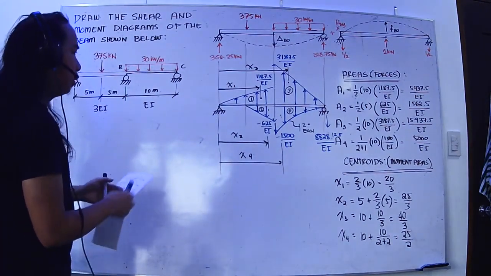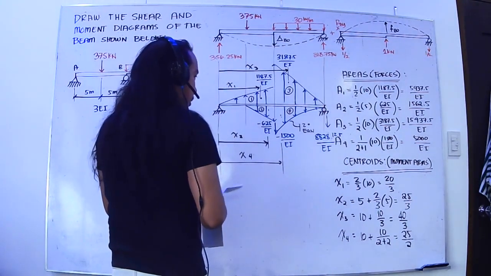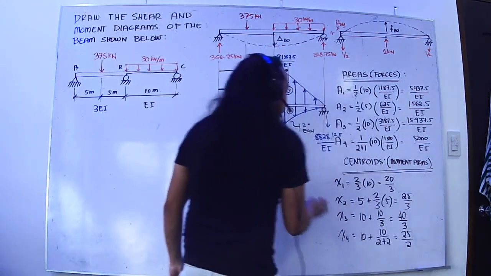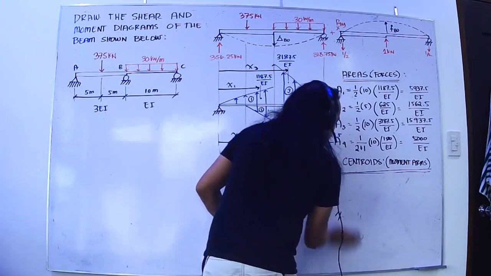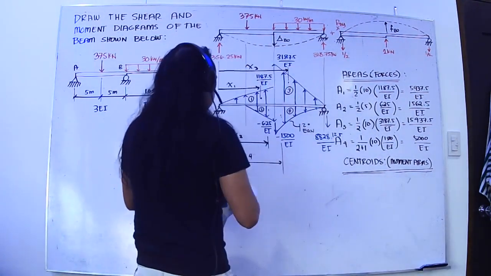So, we have 8828.125 over EI. I want to reason about the centroids. I don't think it's that valid anymore, since it is 10. Here, if we cut.